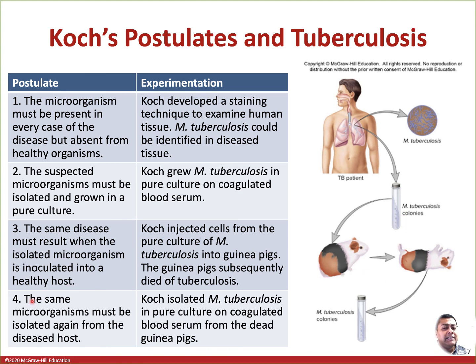Now, the same microorganism must be isolated again from the diseased host, and Koch isolated the Mycobacterium tuberculosis from the lung tissues or the blood serum of the dead guinea pigs. And when he stained them, they looked exactly the same, and the characteristics of these microorganisms were the same as in the lung tissues.